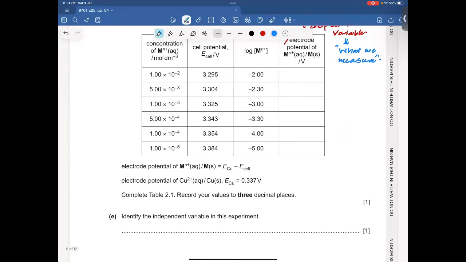Okay, let's check. Electrode potential is represented by this equation, and this equation is really important. The electrode potential value of the copper half cell is given, which is 0.337. Record your values to 3 decimal places.